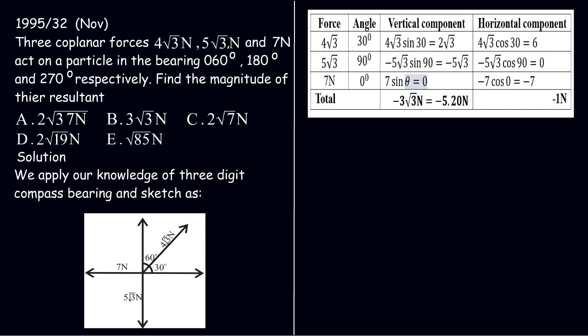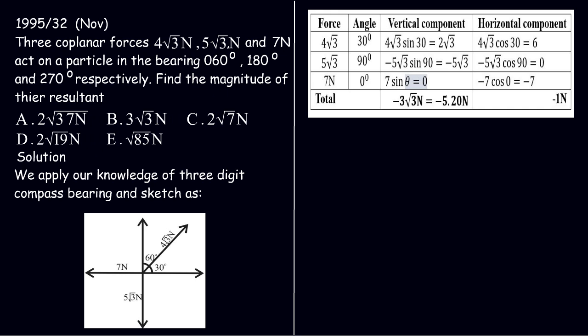Now for our second force, 5 root 3, the angle it makes with the horizontal is 90 degrees, and our vertical component becomes minus 5 root 3 sin 90 because it is facing the negative y direction, that's the negative y axis, which will be equal to minus 5 root 3, and the horizontal component will also be minus 5 root 3 cos 90, for a similar reason, which will be equal to 0.